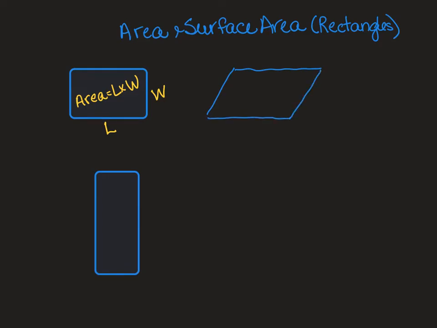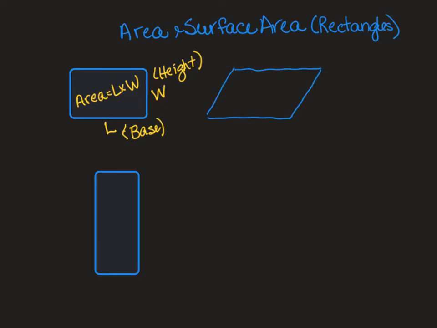Now we have a length and a width, but really, the area of a parallelogram changes just a little bit. This length, we could also call the base. It's the bottom that the rectangle sits on, and the width is actually the height. And so we're really multiplying the base times the height.